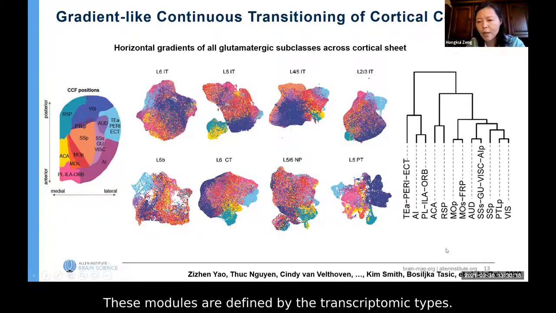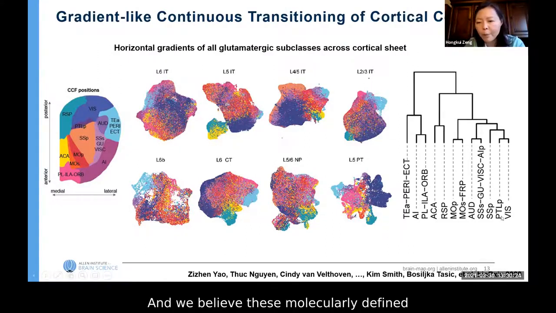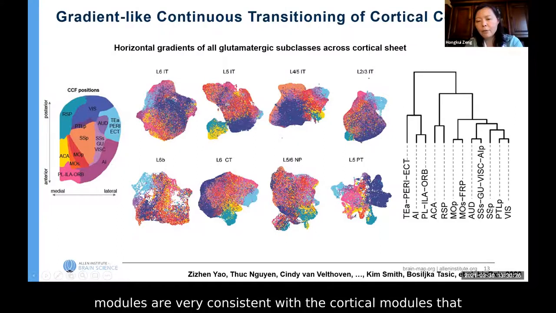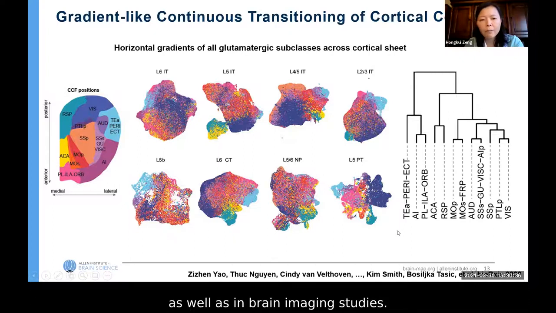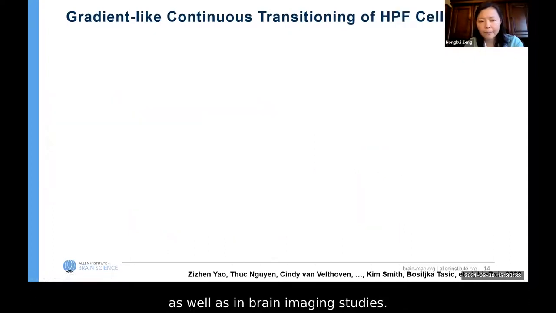These modules are defined by the transcriptomic types, and we believe these molecularly defined modules are very consistent with the cortical modules that have been identified in connectivity studies, as well as in brain imaging studies.